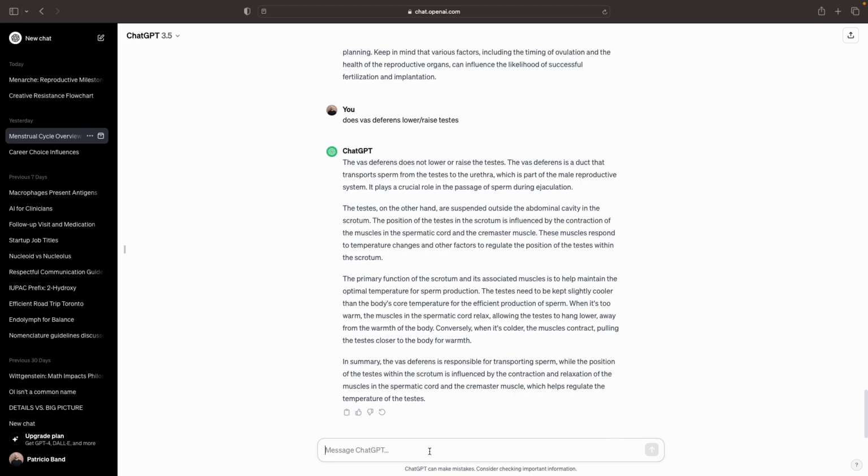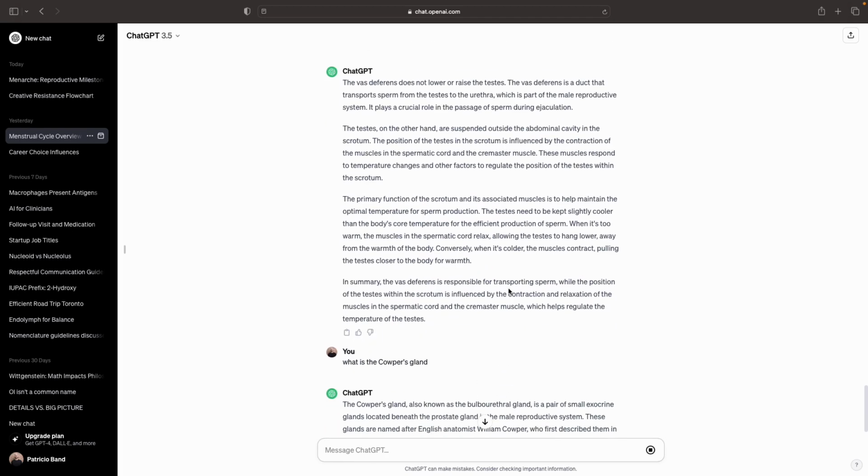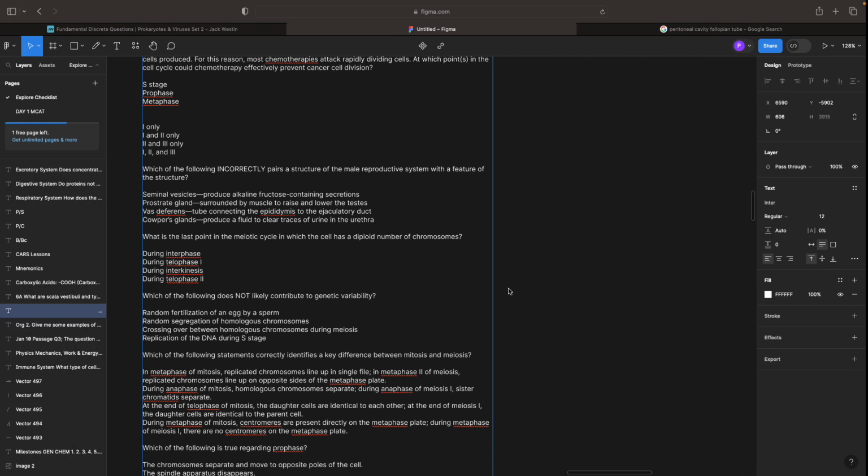So, what is the Cooper's gland? Bulbourethral gland.